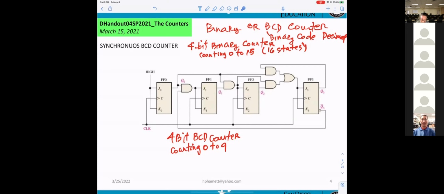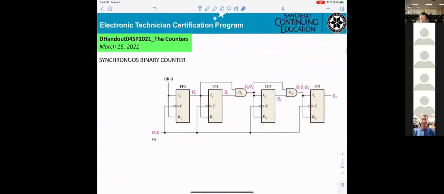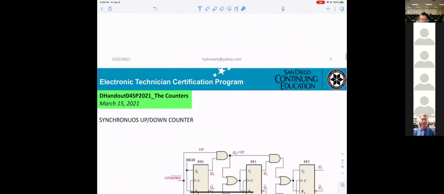However, if they add a logic gate here, it will make a difference. Okay, and that is the question about binary or BCD counter. That's still a synchronous counter.